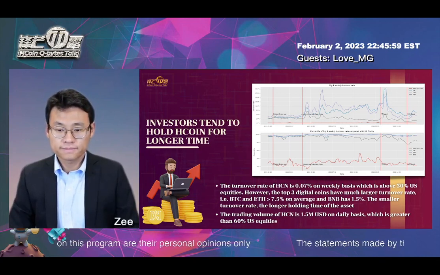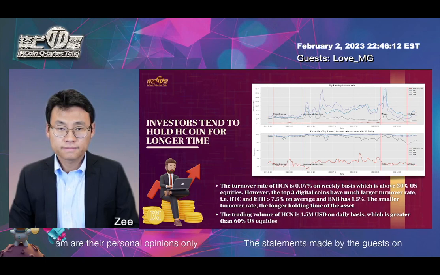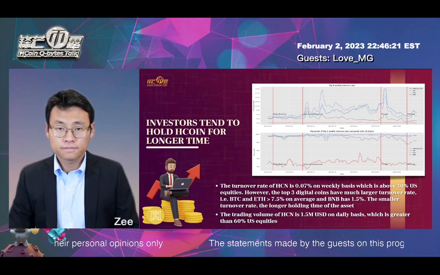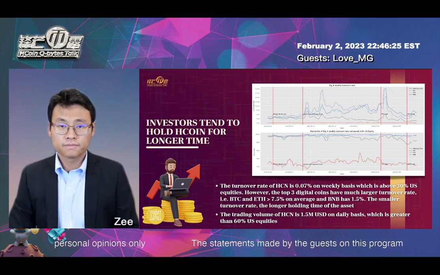The 3 above are Bitcoin, Ethereum, and BNB, Binance Coin. With respect to market cap it's large, and the trading volume of HCN is greater than 6% of U.S. equities.